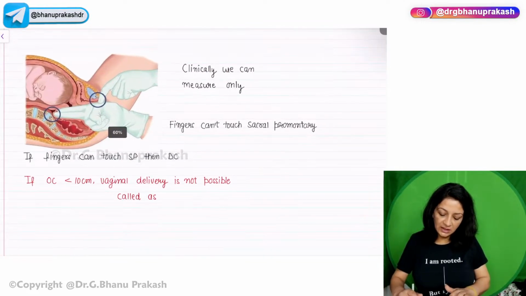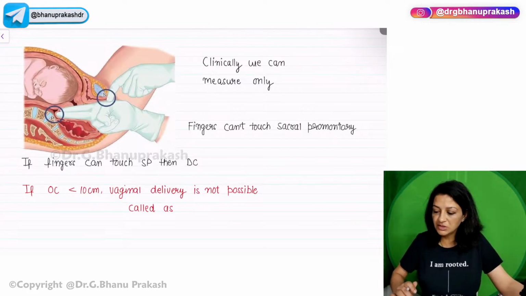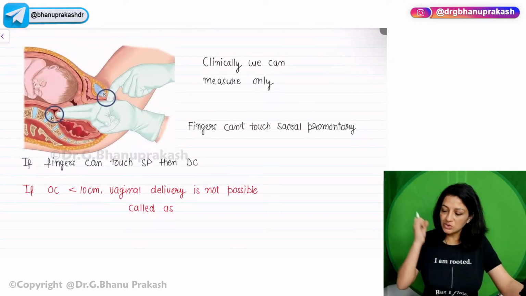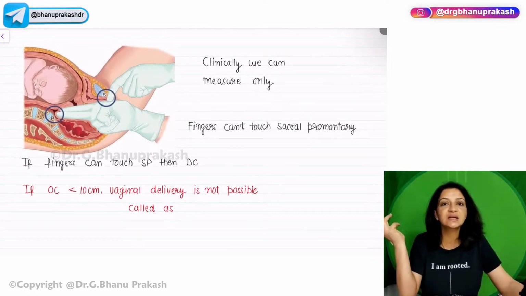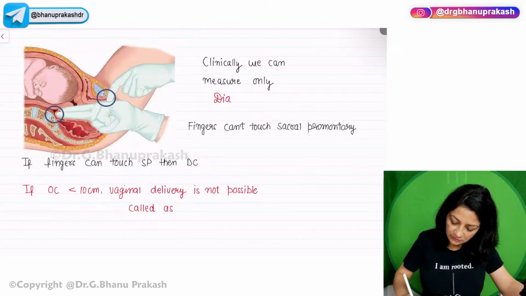So clinically we can measure only which type of conjugate, कौन सा measure कर सकते हैं हम by PV, per vaginal examination? Diagonal conjugate.